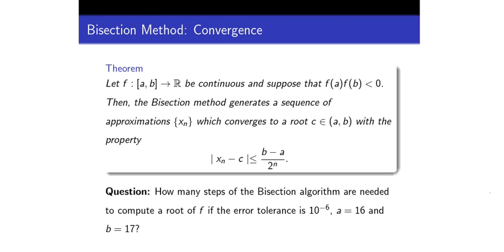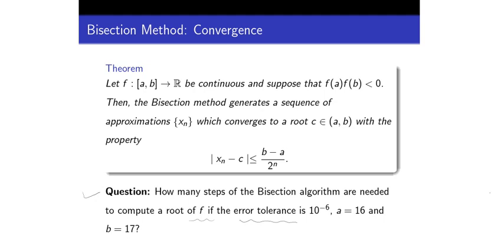With the help of this result, we can work with the following problem: how many steps of the bisection algorithm are needed to compute a root of f if the error tolerance is 10 to the power minus 6, given a and b.